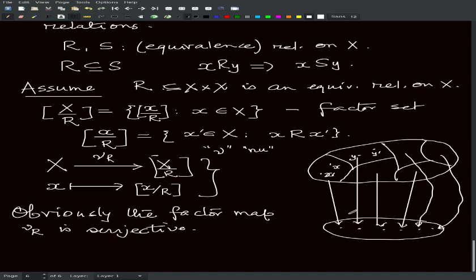Okay, and that is where it is coming. So observe this Y and Y prime. Both of them have come to this, right? So you know how to get hold of a proof. You'll have to write this, but it's just a description. So it's a surjection. Okay. So given an equivalence relation, there is a surjection.